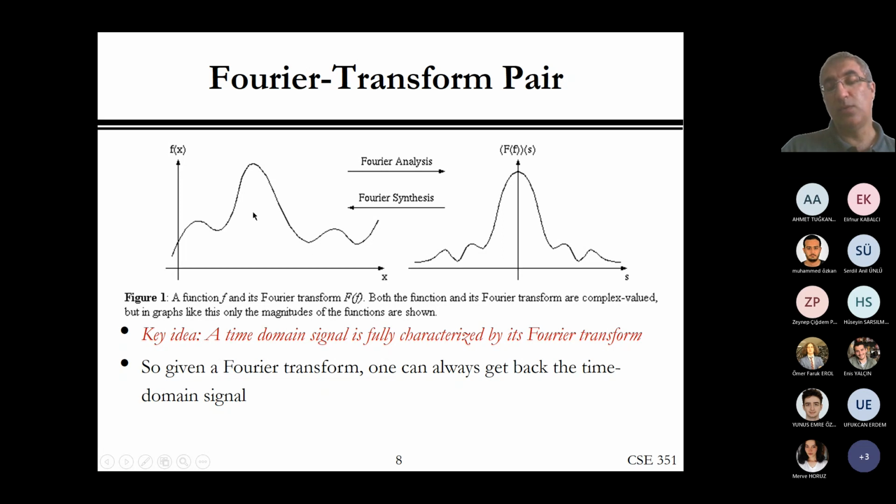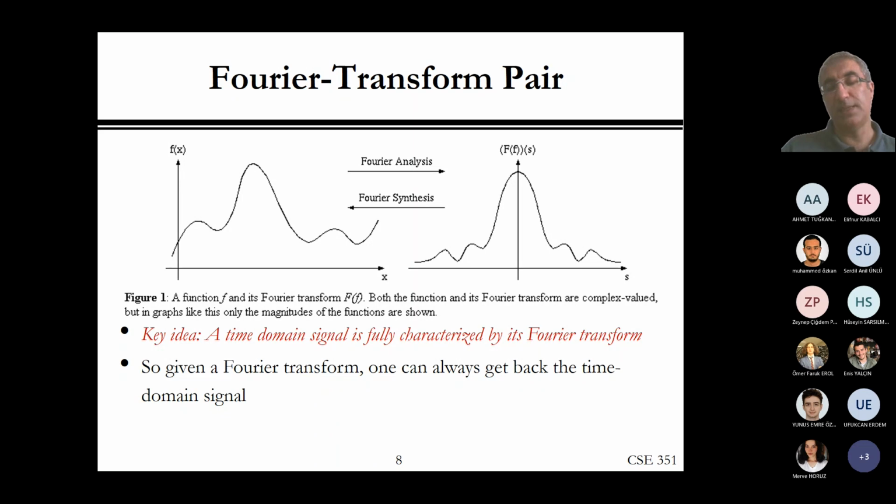So the key idea here, what we are trying to show, a time domain signal is fully characterized by its Fourier transform. So you can apply the inverse Fourier transform to get back this information to the time domain. So you transfer this information from time domain to the frequency, and you can apply the inverse Fourier transform to get back this information from frequency to the time domain.